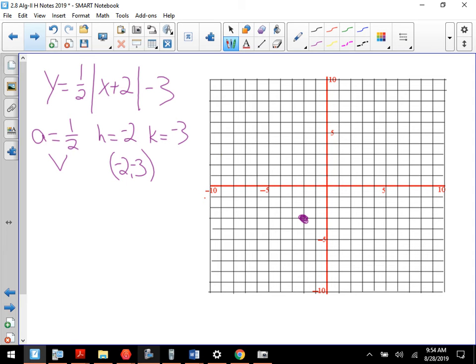One of the slopes is going to be positive going up and right, the other one's got to be negative, so it's going to go up and left to create the V. All I do is just start marking off. Up 1 over 2. Oops. There's my V.